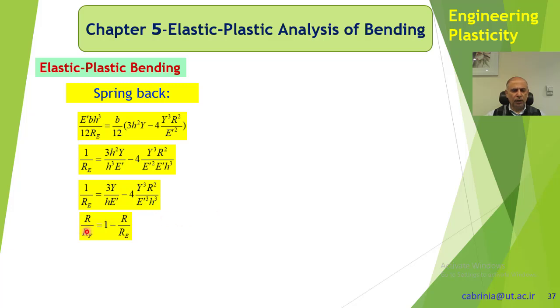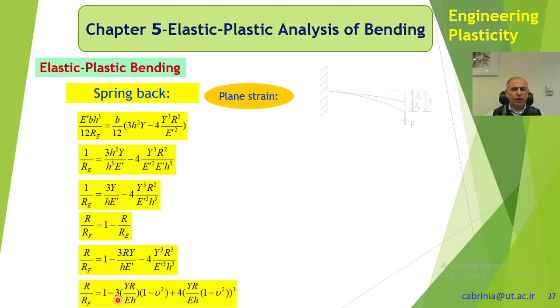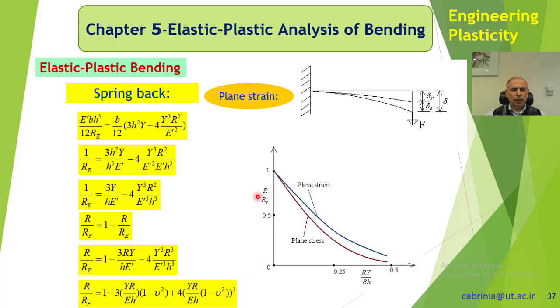So we can use the same relationship as before, and substituting here, we get this relationship for R over RF again, and so we get this relationship this time. So that's the plane strain we have just solved, and that's the plane stress we solved in the previous slides. And as you can see here, we have plotted R over RF relative to RY over EH, okay?